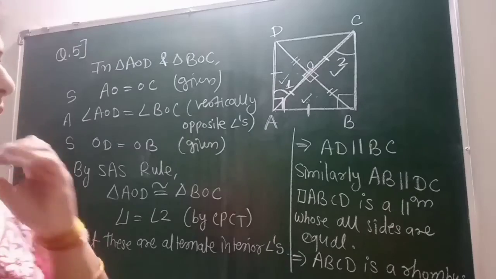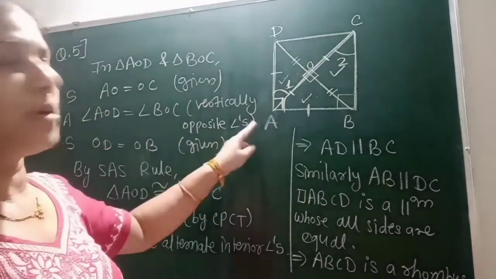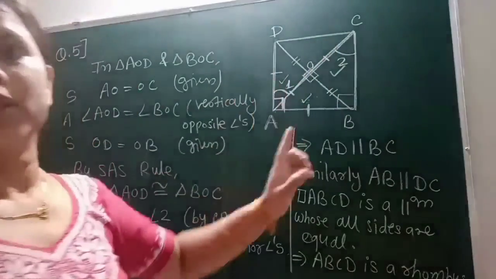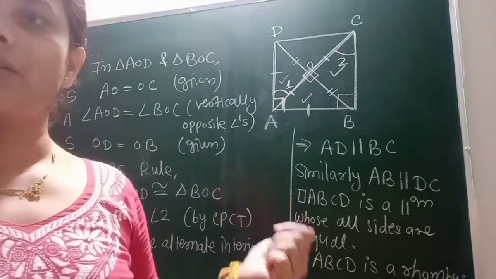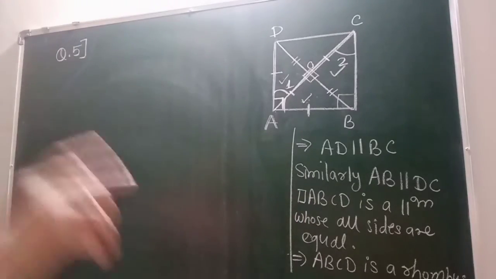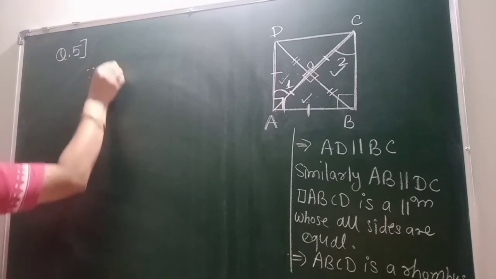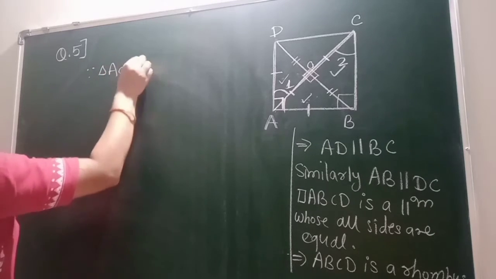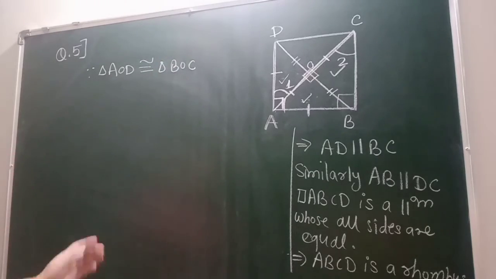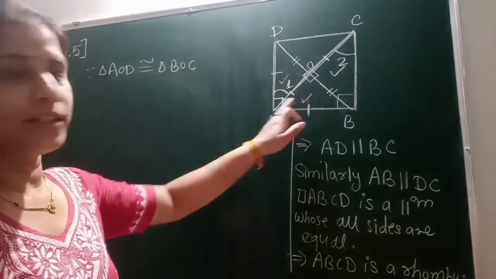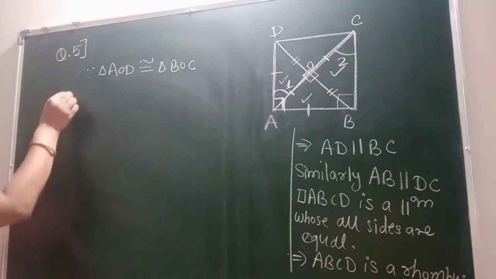Okay. Now we have to prove that in this rhombus all angles will equal 90 degrees. Then only this rhombus will be a square. As we know, student, these two triangles are congruent, triangle AOD is congruent to triangle BOC. If we add this triangle AOB on both sides, let's see what we will get.